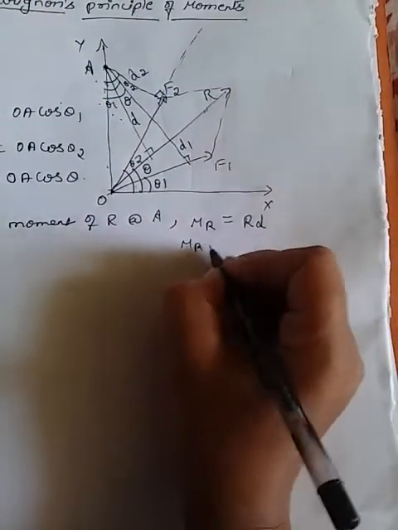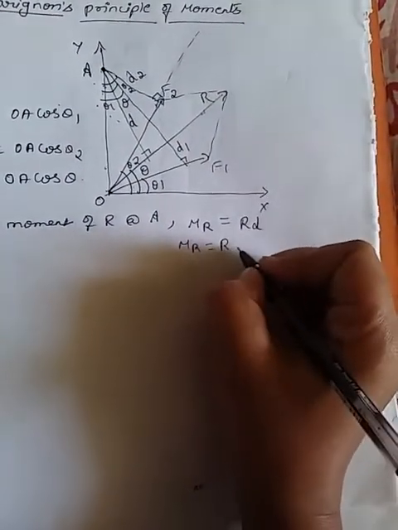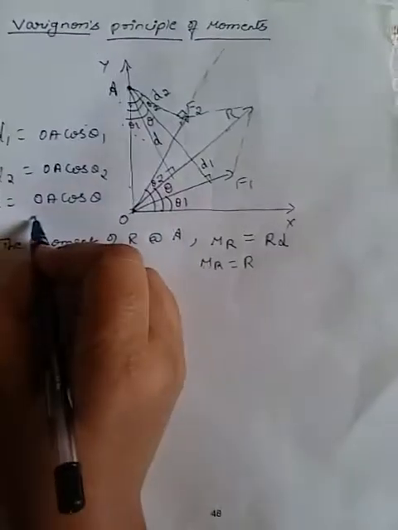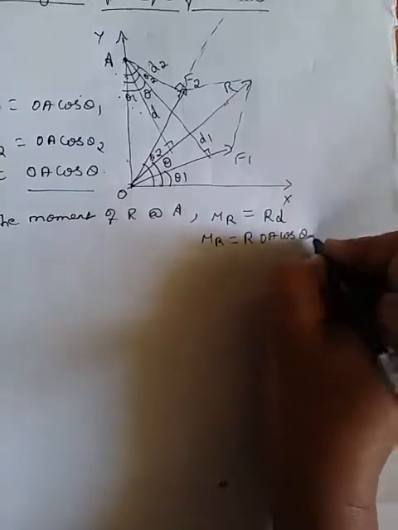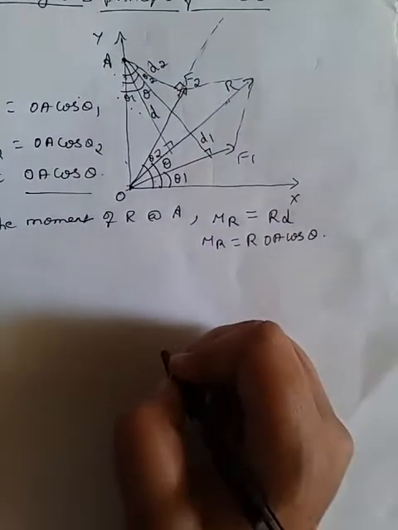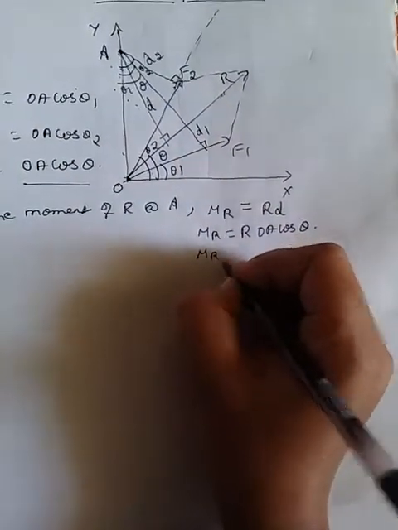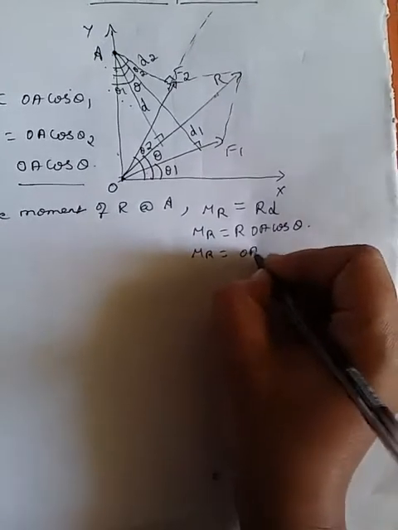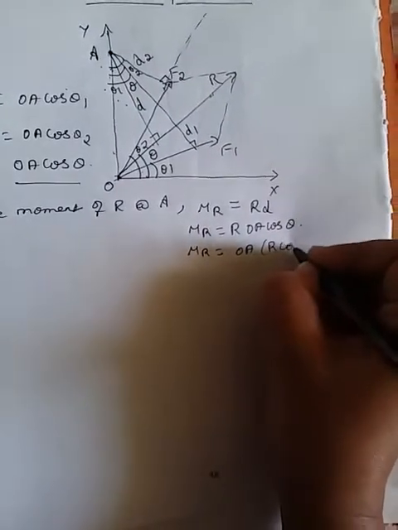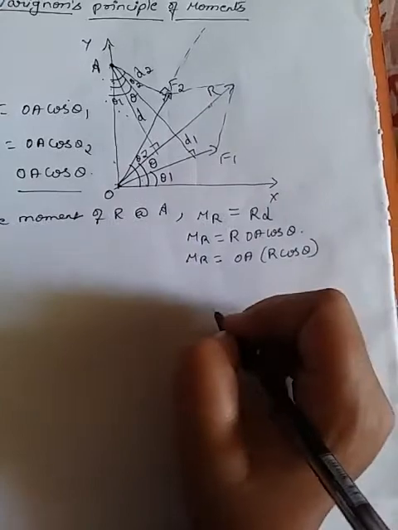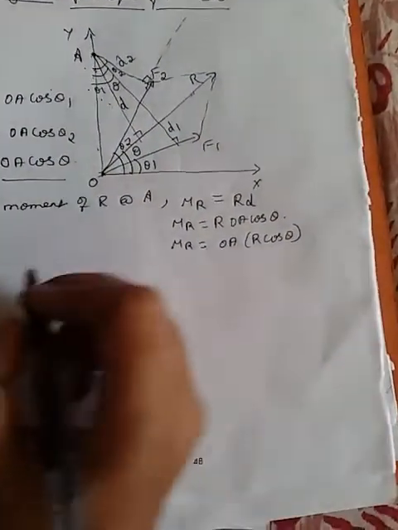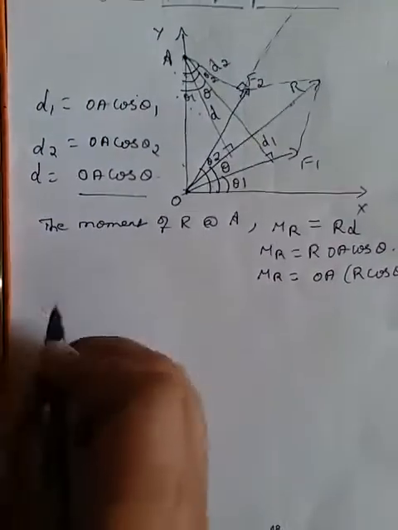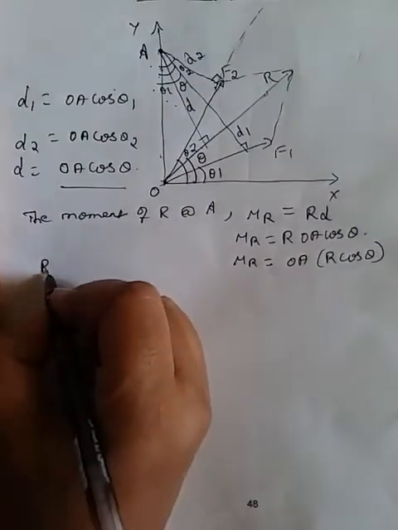Now MR equals R, keeping R as it is, and in place of D, D is OA into cos theta. Next, MR equals OA, I am taking outside, and R I am keeping inside just for rearranging to simplify.